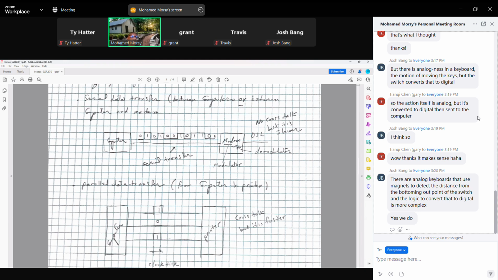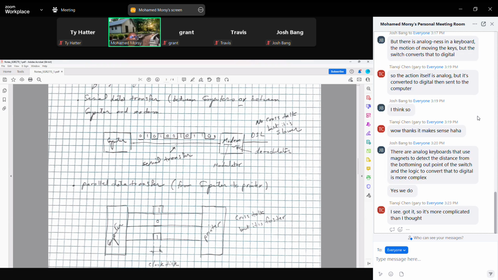And in this kind of data transfer, we use only one line here. We use one line.